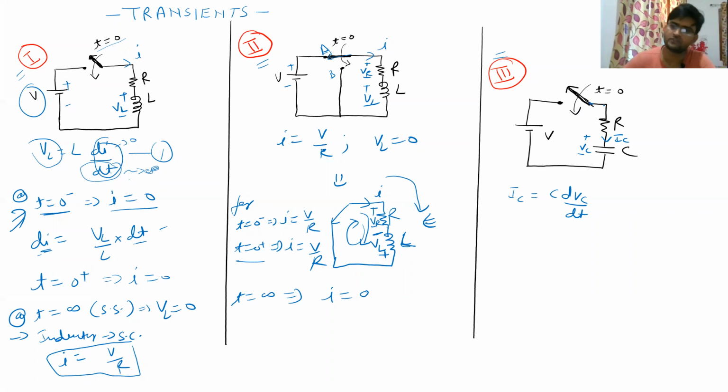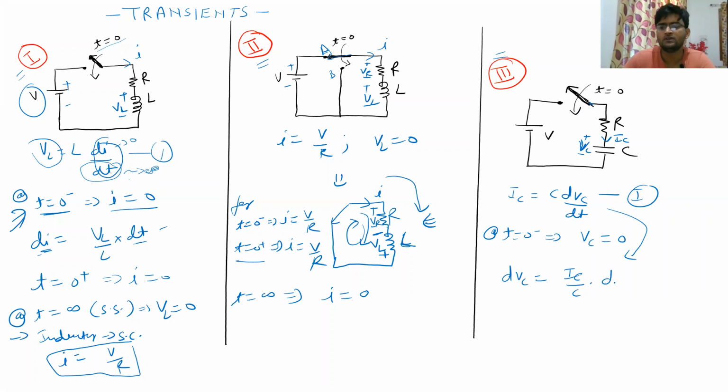Before this switch is closed, what is the value of voltage VC? I will assume that this capacitor is not initially charged. So at t equal to 0 minus, our VC is going to be 0. From this equation 1, if we rearrange it, dVC is equal to IC upon C dt.